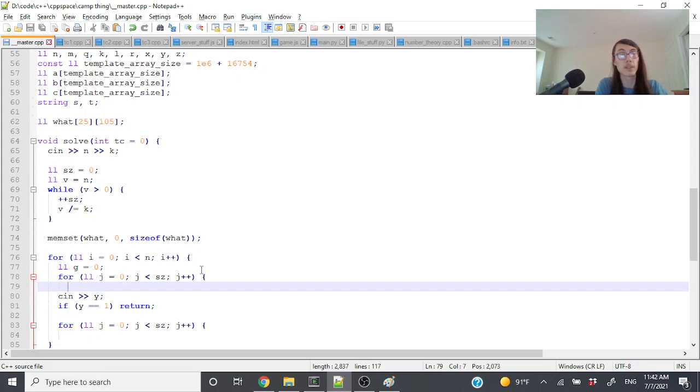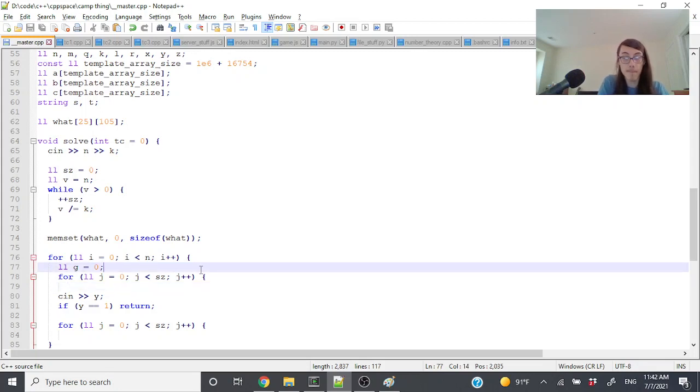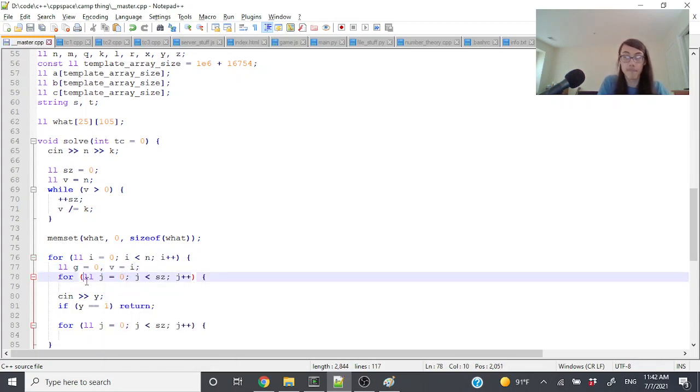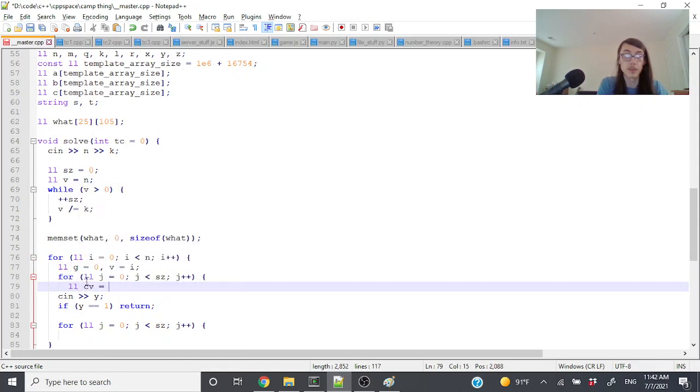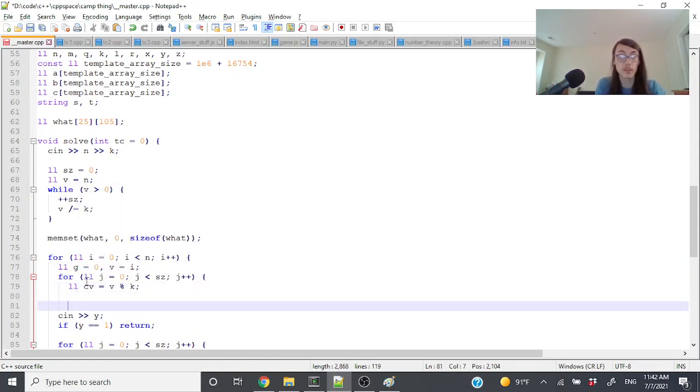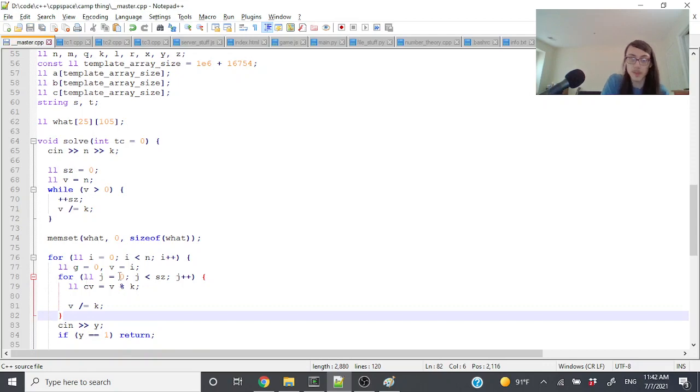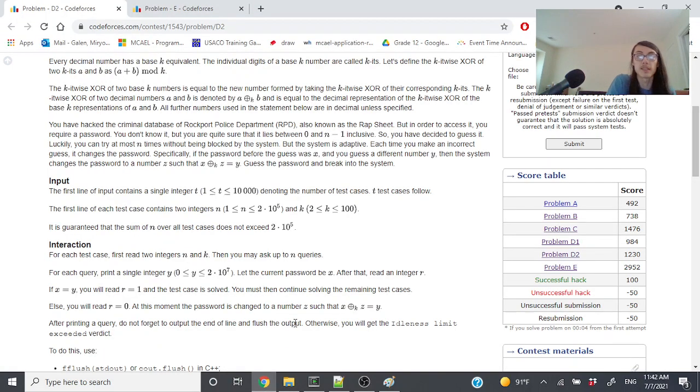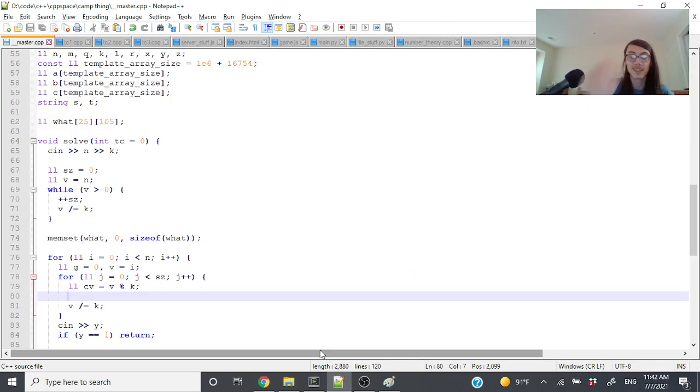We're essentially asking, CV is equal to V mod K. And then at the end, we do CV divide by K, or V divide by K, extracting the current digit of whatever the number is.